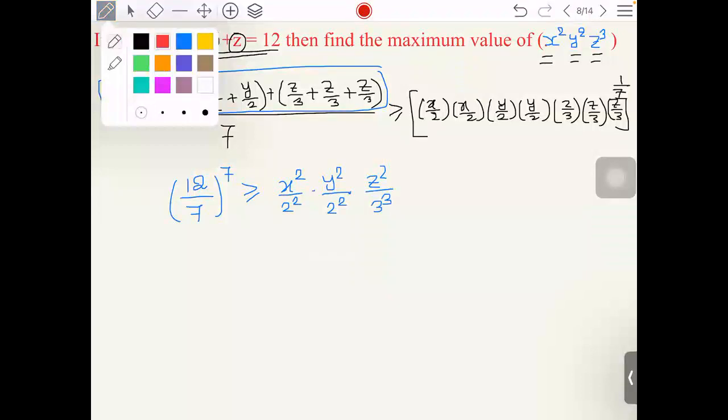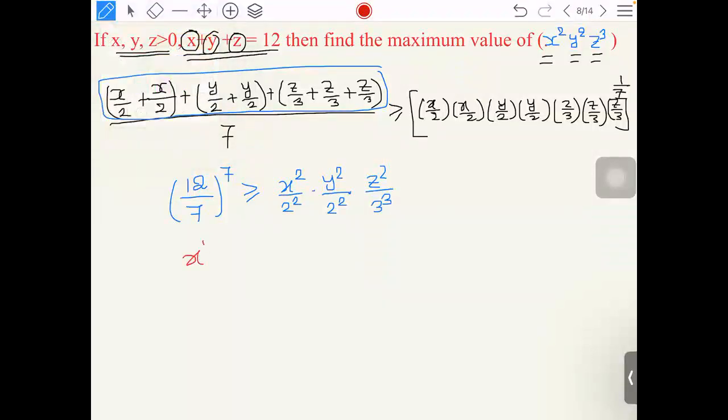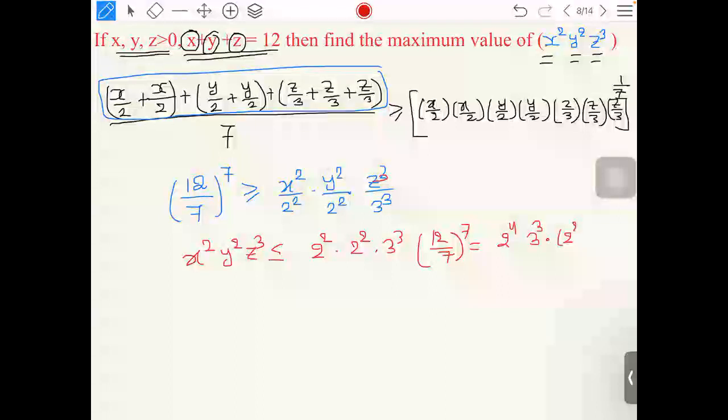So we can further rewrite it as x squared, y squared, z cube is less than or equal to 2 square into 2 square into 3 cube into 12 by 7 raised to 7. Or we can further simplify it as 2 raised to 4, 3 raised to 3, and in 12 we can write 2 squared, 3 to the power 1 raised to 7 divided by 7 raised to 7.